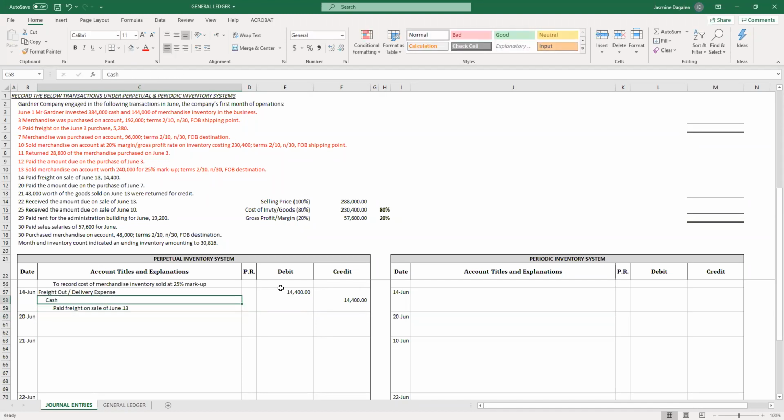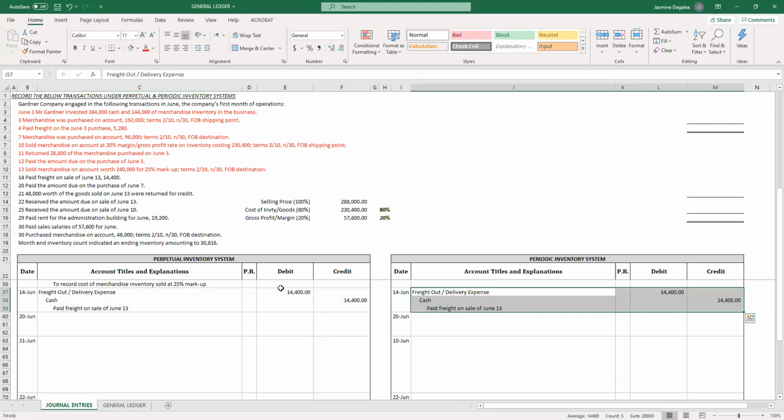Yan. So, under periodic, what is your entry? Merchandise inventory, ma'am. Di ba periodic? Periodic wala kang merchandise inventory account. At year-end mo pa malalaman. So, what is your debit again? The same, di ba? Expense mo yan as a seller.